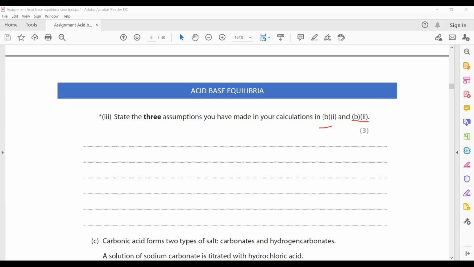Our assumption is that the concentration of the carbonic acid H2CO3 does not dissociate, or there is a negligible change, so it is the same at equilibrium and initially.